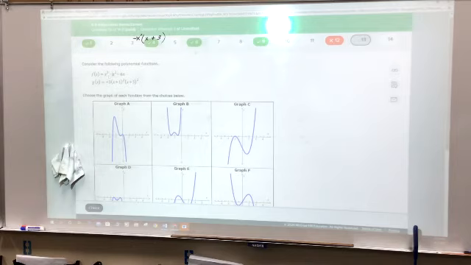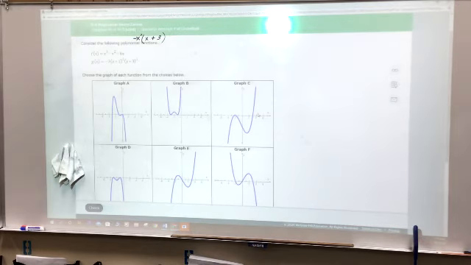X cubed, x squared minus 6x. So end behavior is like x cubed. So it could be C, but we're going to look at the zeros.